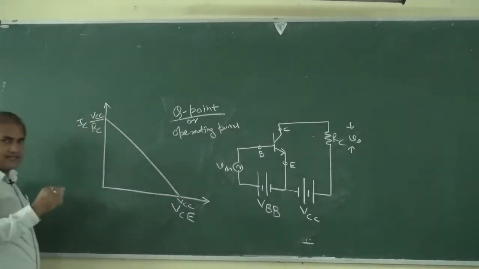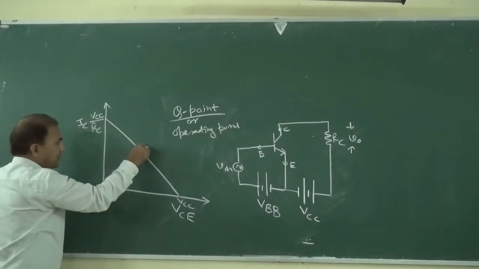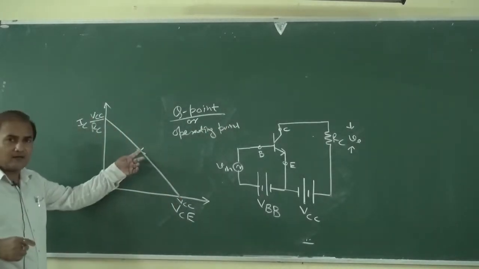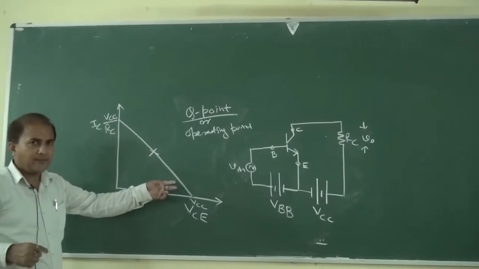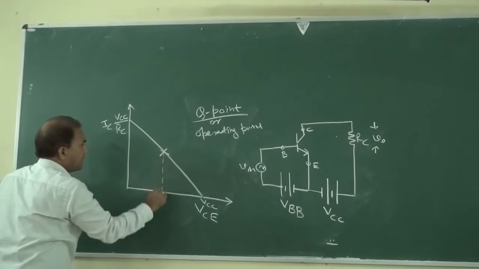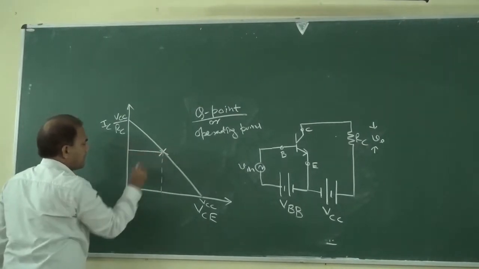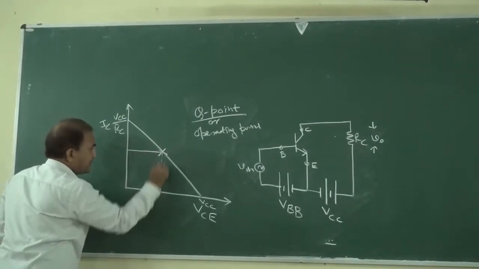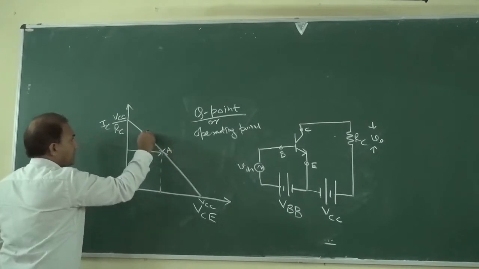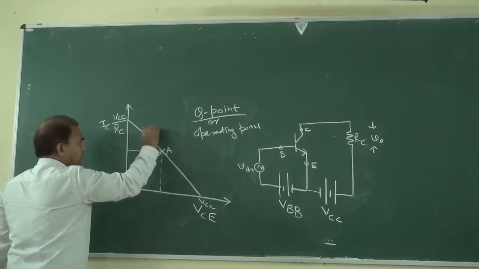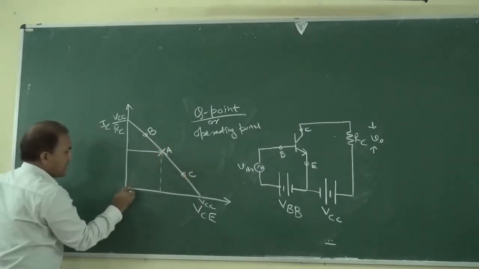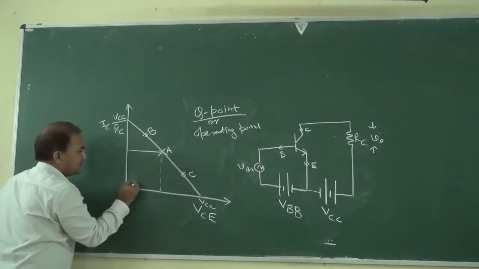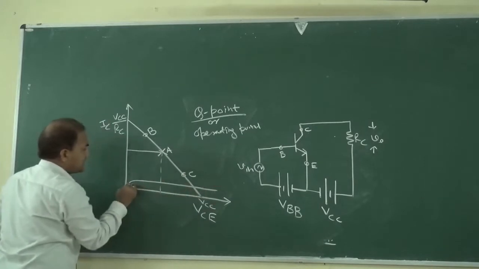We have to fix the operating point in the center of the active region and on this load line. This is, say, point A. Suppose another operating point is B and this is another operating point C, and the output characteristic of it is like this.